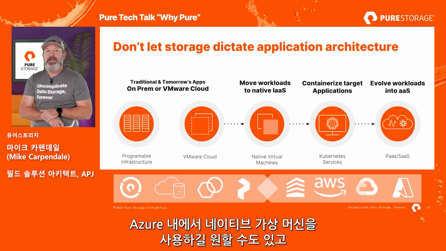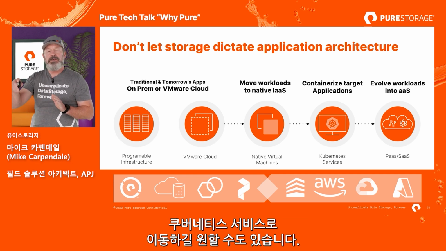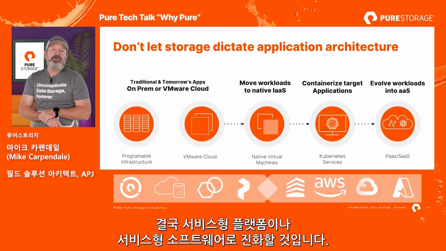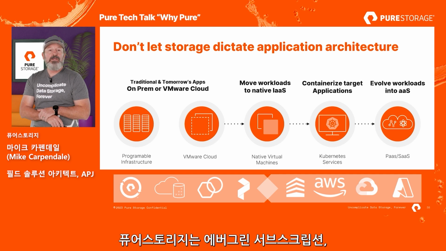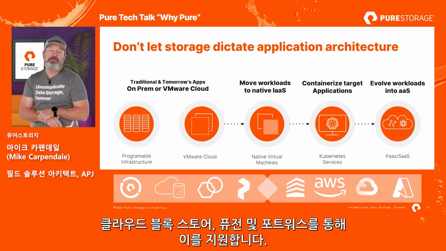Maybe I want to use native virtual machines inside Azure or move and transition that into a Kubernetes service, eventually evolving into platform or software as a service. We can achieve that across an on-premise world, an AWS or Azure world, and we do that with our Evergreen subscription capabilities, Cloud Block Store, Fusion, and Portworx.